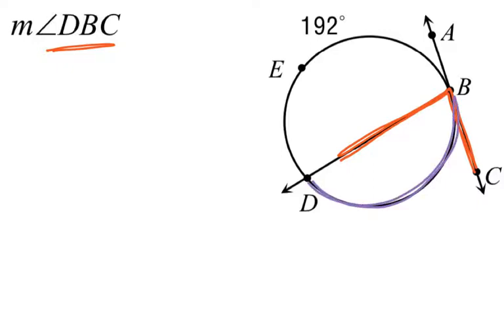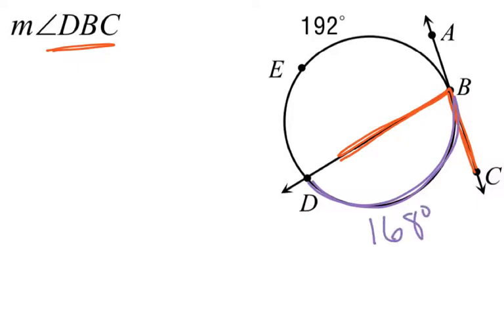So I can't do anything further until I figure that out, but I can figure that out easily because I know a whole circle equals 360, and I know that this arc over here equals 192, so 360 minus 192, that means that purple arc that I just labeled is 168 degrees.